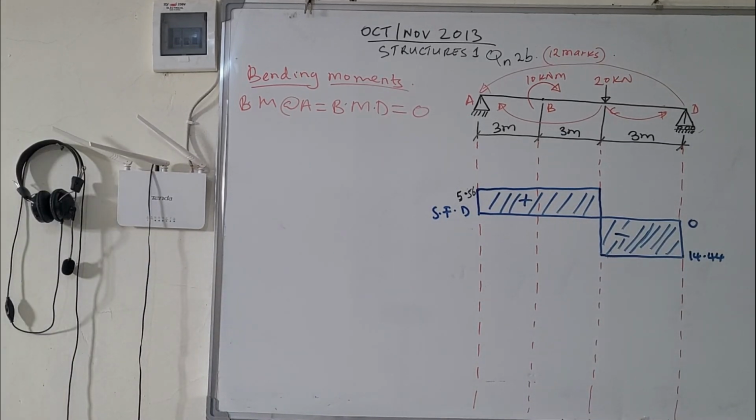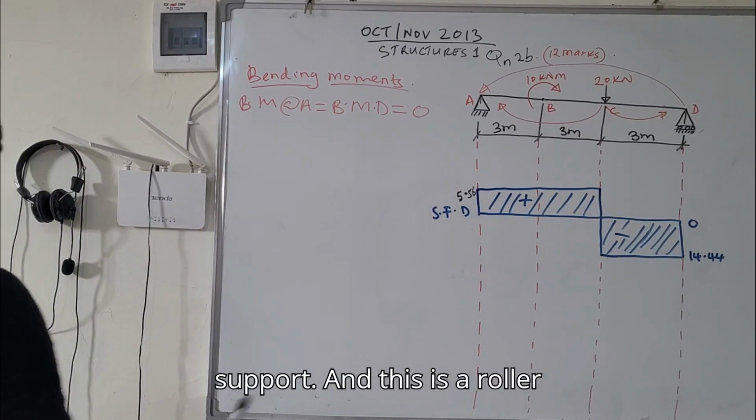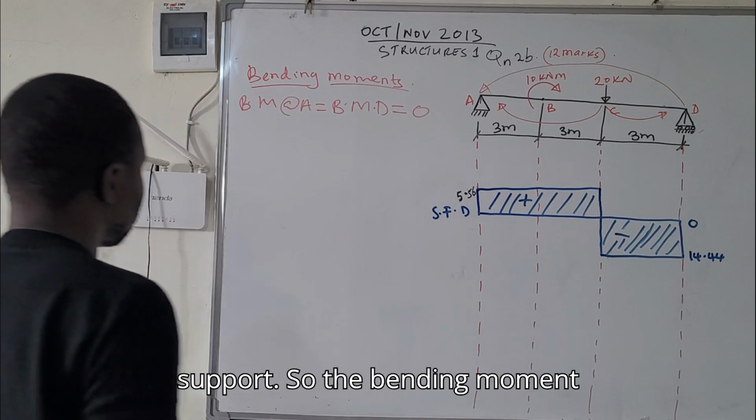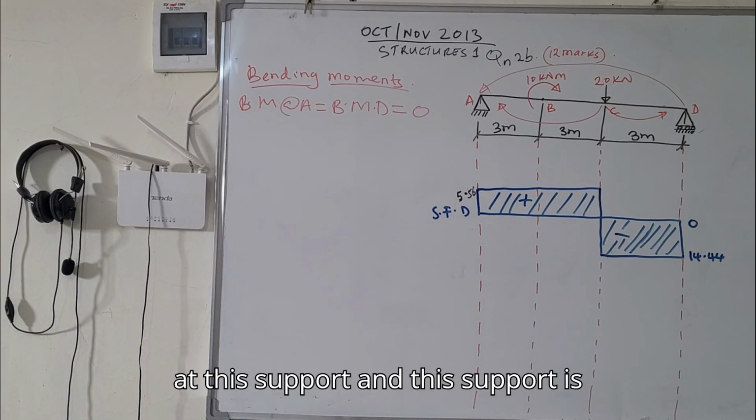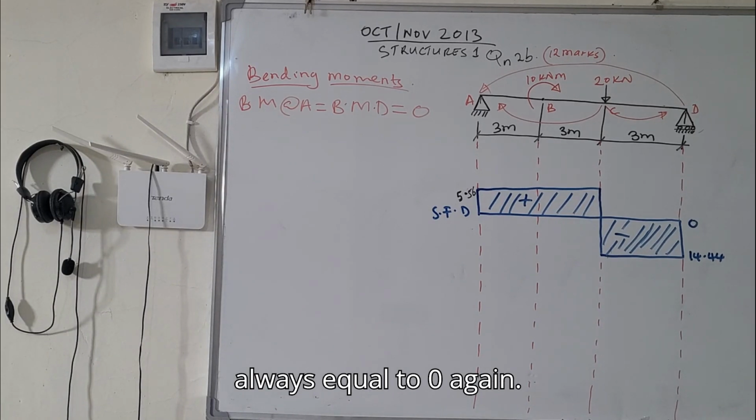Why? Because this is a pinned support and this is a roller support. So the bending moment at this support and that support is always equal to 0.